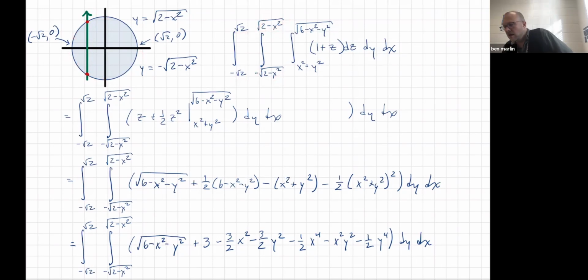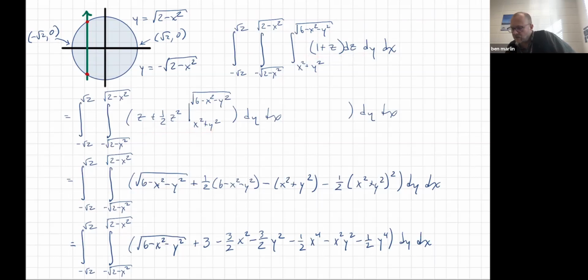So we have it set up, and this 1 plus z doesn't have super duper symmetries. We might be okay doing something right away, but it's not super obvious that we can. So we do the integration with respect to z, and you just get z plus 1/2 z squared.